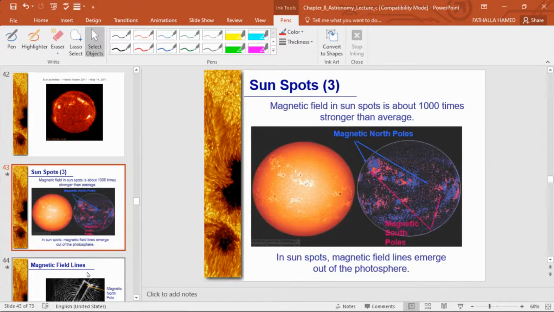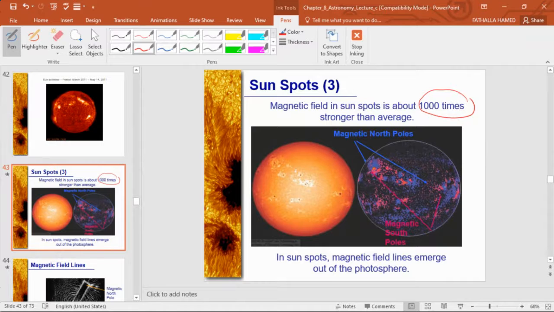Another piece of information became available when we looked at the magnetic field of the sun. In sunspots, the magnetic field is 1,000 times stronger than average. That means these regions have stronger magnetic fields.